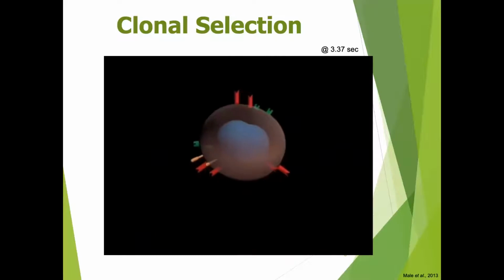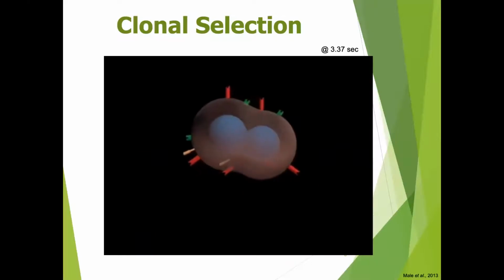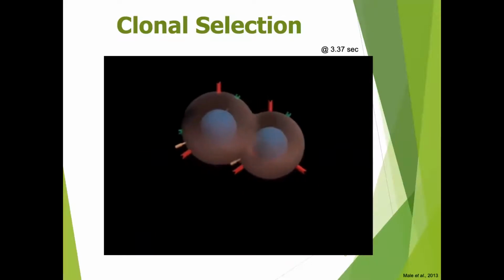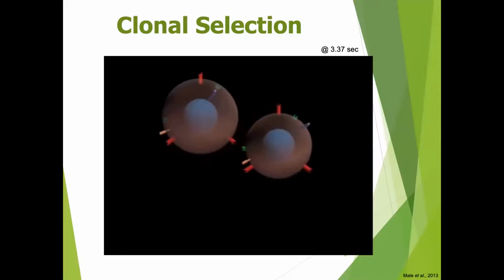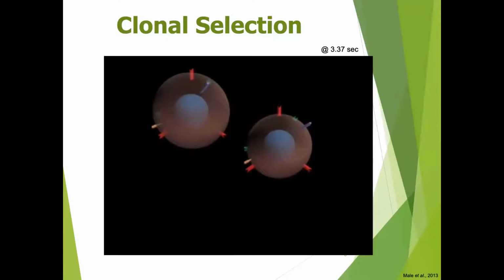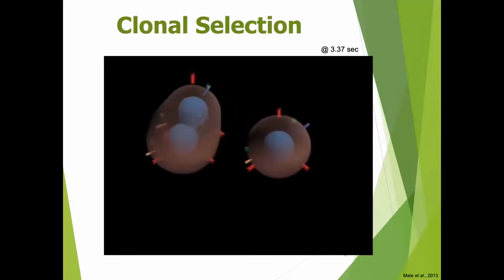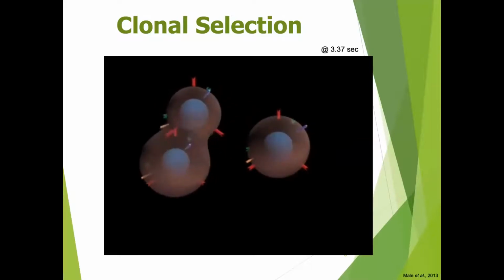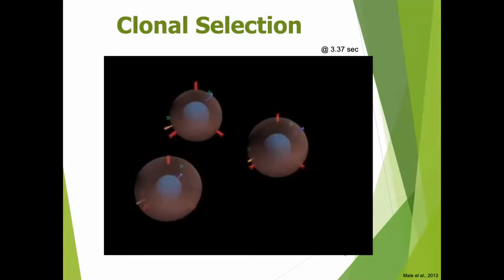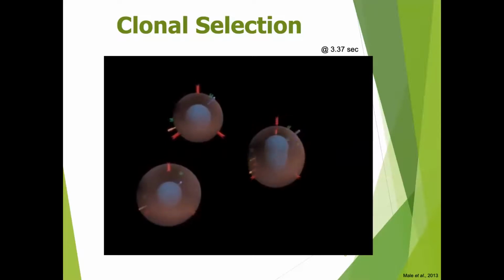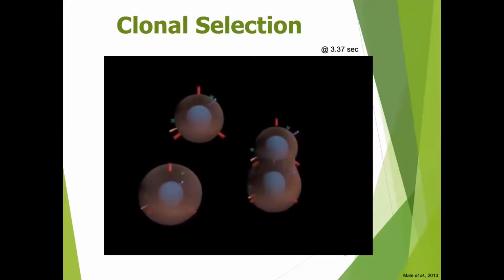The interleukin-2 binds to the receptors on the surface of the T cell, triggering division. This causes the induction of new co-stimulatory molecules on the surface of the T cell. The T cell divides, and after 5 or 6 cycles, there is a gradual loss of the interleukin-2 receptor.